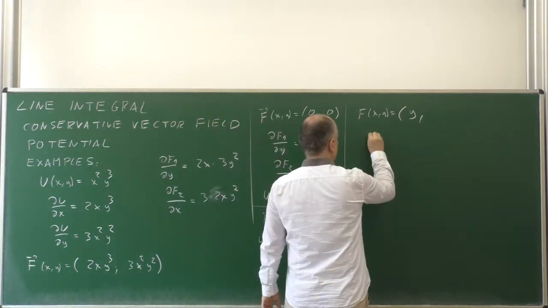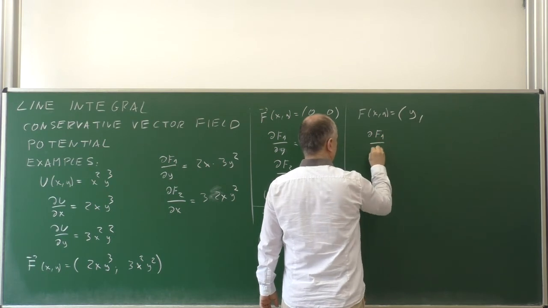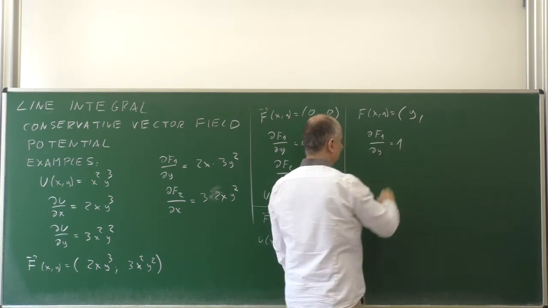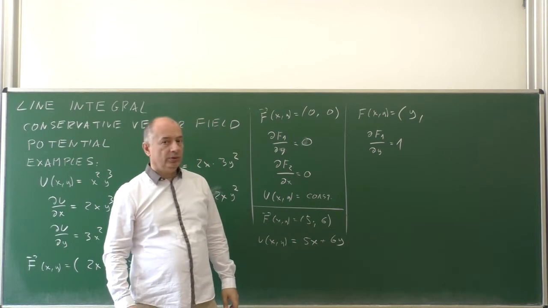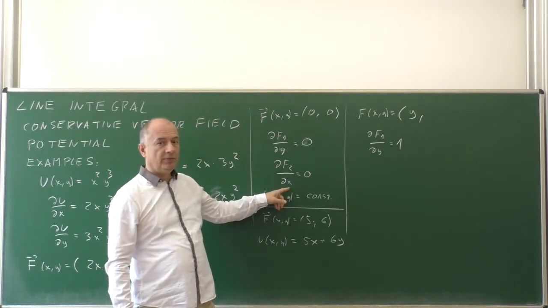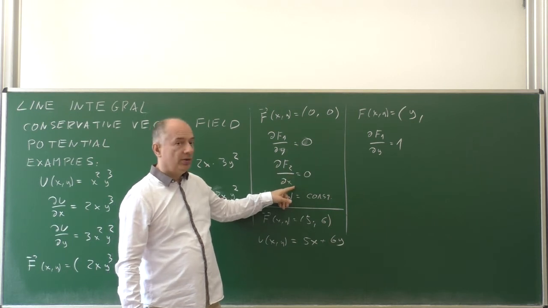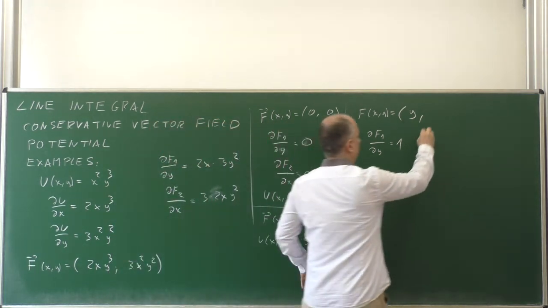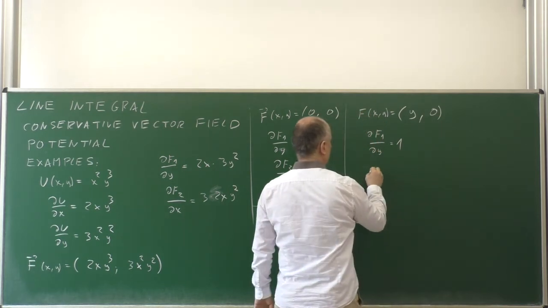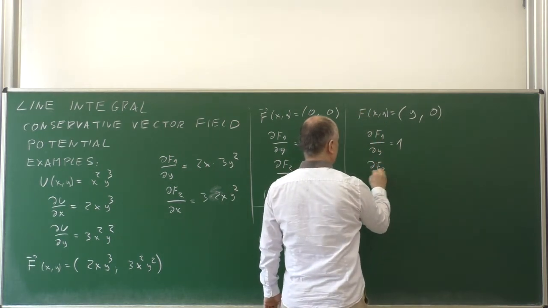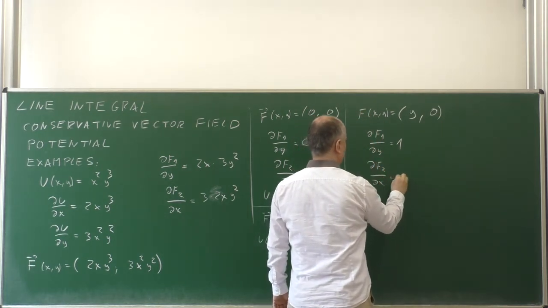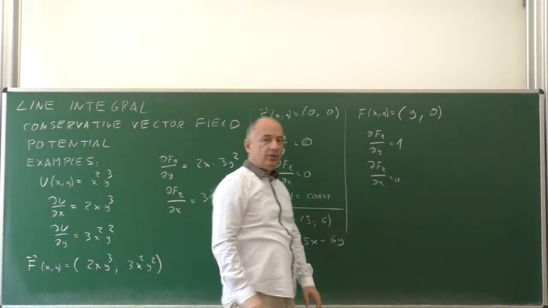And we want this to be different from the derivative of f2 with respect to x. But this may still be 0, so no problem. f2 is 0, and then the derivative of f2 with respect to x is 0. And they differ, so this is not a conservative vector field.